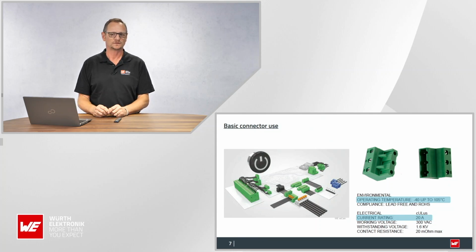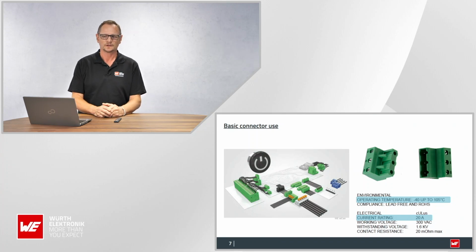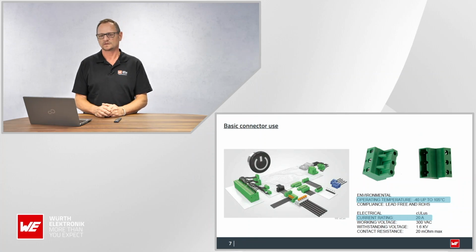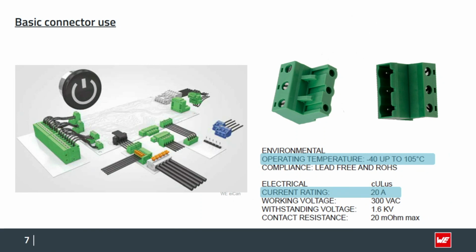Here you see some connectors that you may know already from our portfolio, or that you already have on your PCB, or equal types. On the lower right-hand side, you also find an extract of the datasheet, which tells you the operating temperature should be between -40 and up to 105 degrees Celsius.